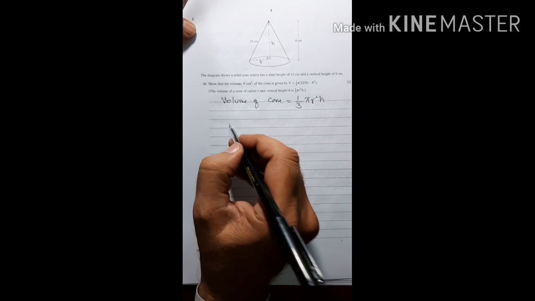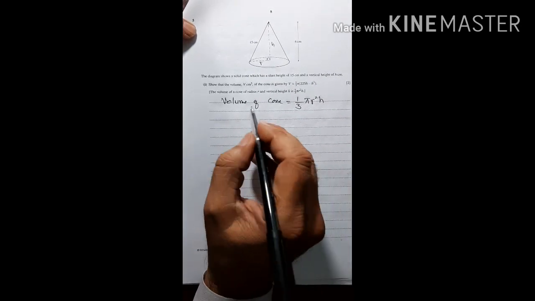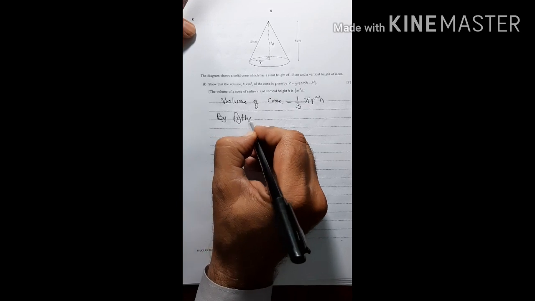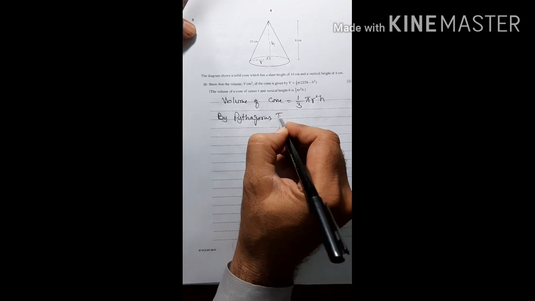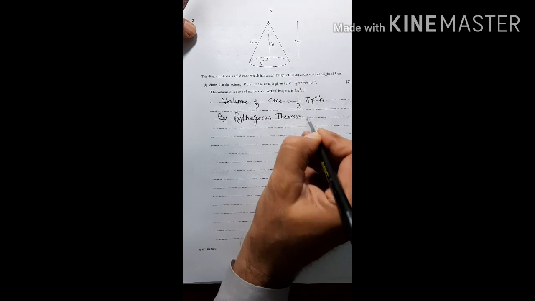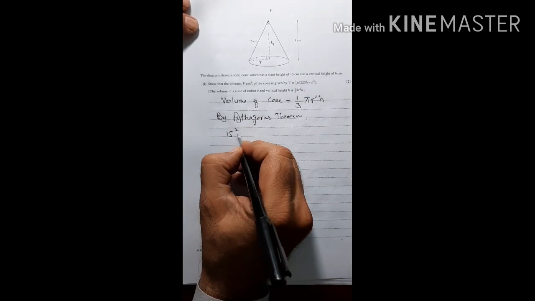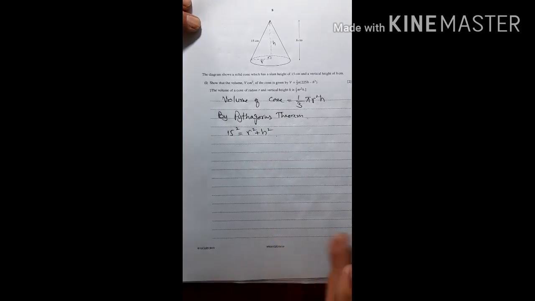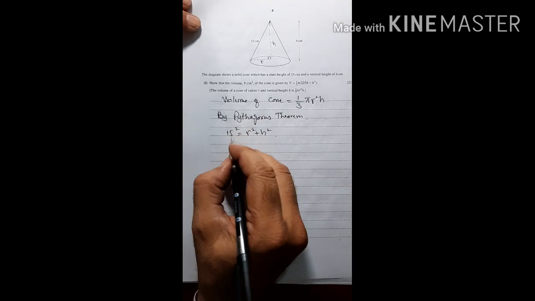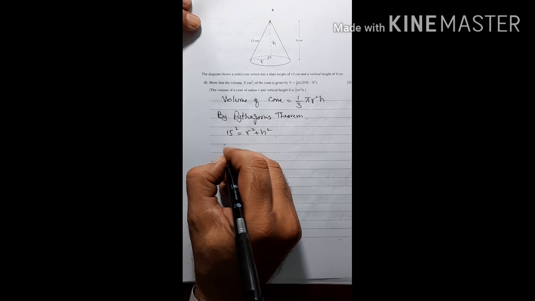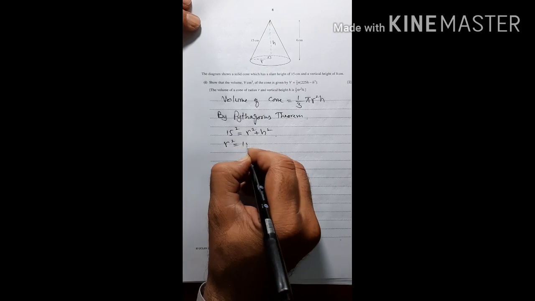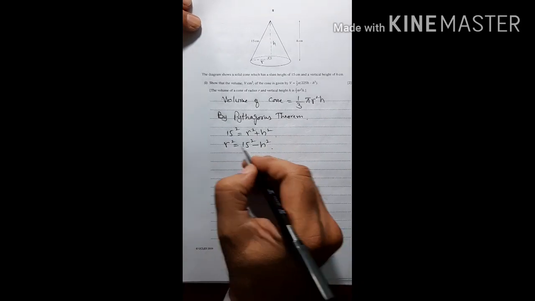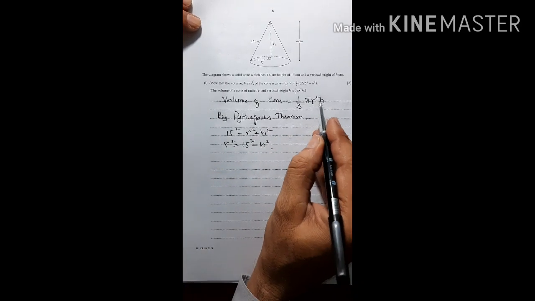So by Pythagoras theorem, 15 square is equal to r square plus h square. So take h square on the other side. So it will become r square is equal to 15 square minus h square.